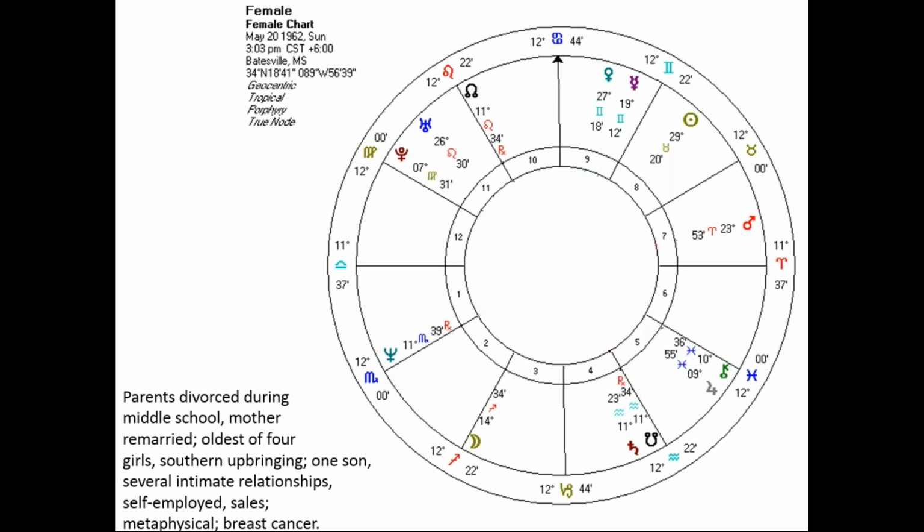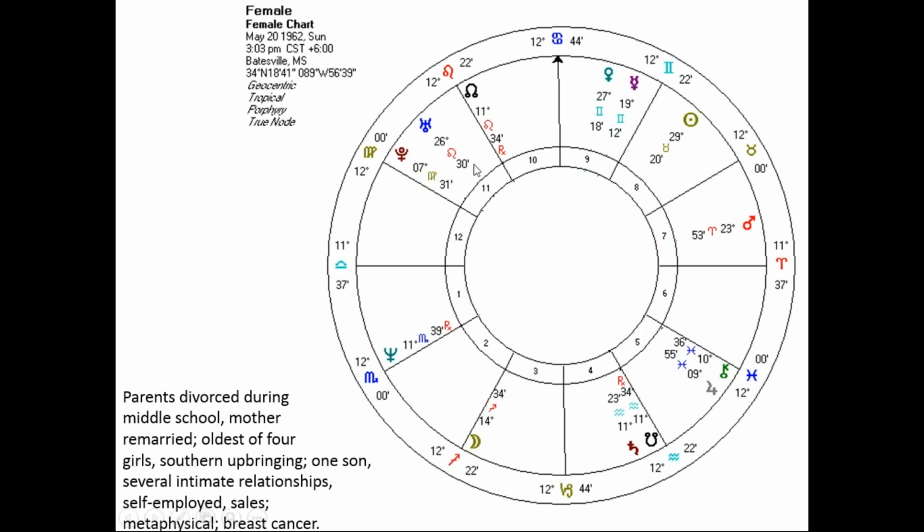We used to joke with this grand cross here in the mutable signs and the 9th third. She was a fantastic salesperson. She was one of those people who could sell ice to an Eskimo.